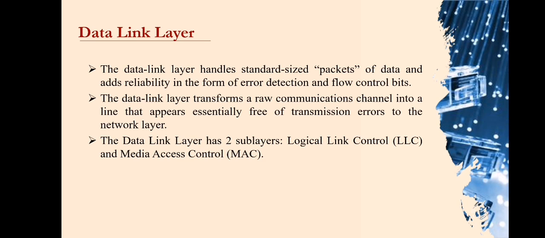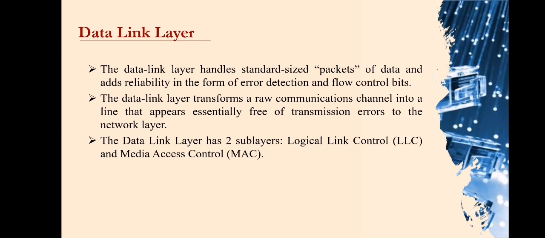The data link layer has two sublayers: the logical link control, or LLC, and the media access control, or MAC. You might have heard of the MAC address. Each device, even your cell phones and tablets, whatever device you are using, when connecting to a network, has a MAC address.